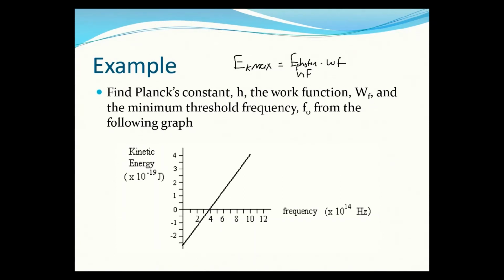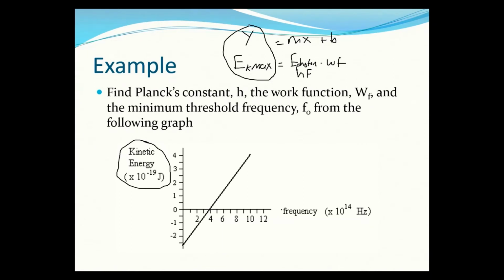And what we need to do is analyze this graph in terms of y equals mx plus b. Right? So in this graph, our y value is the kinetic energy of our electron, and this is already rearranged quite nicely.